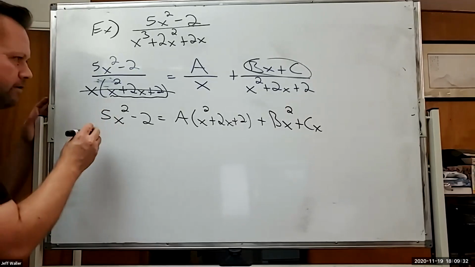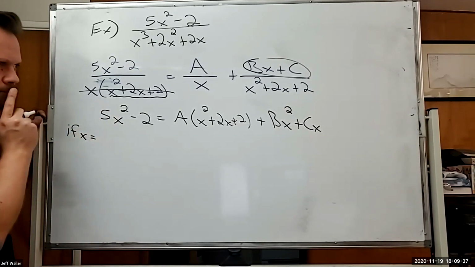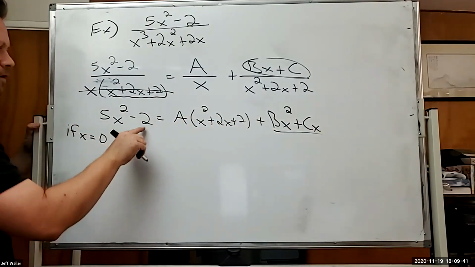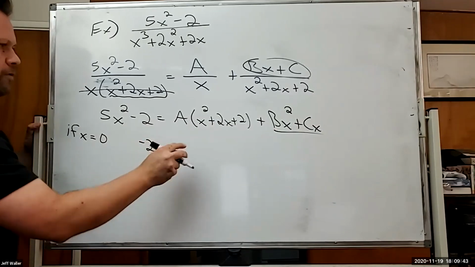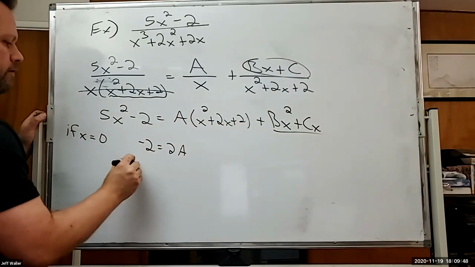So anybody figure out the value you could give X? 0, because that would kill both of those guys. So if X is 0, you get -2 equals 2A. A is -1.